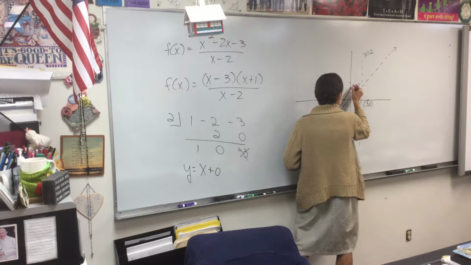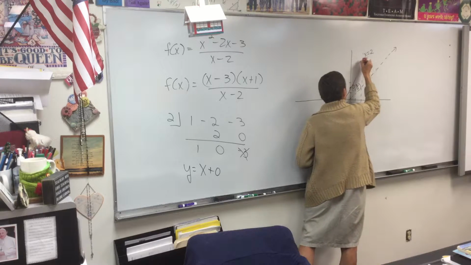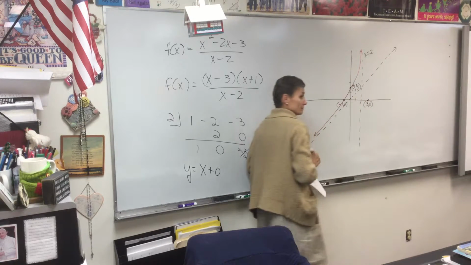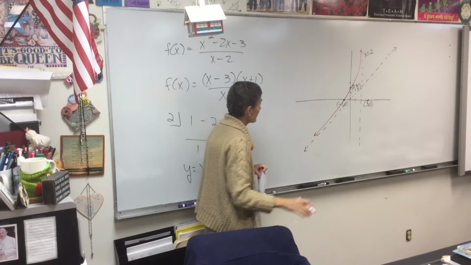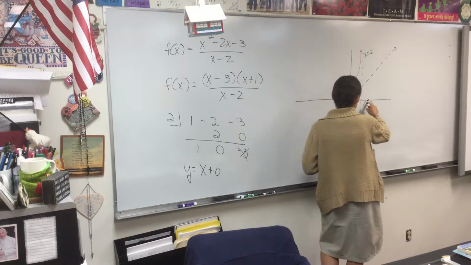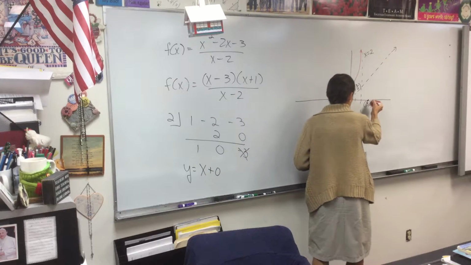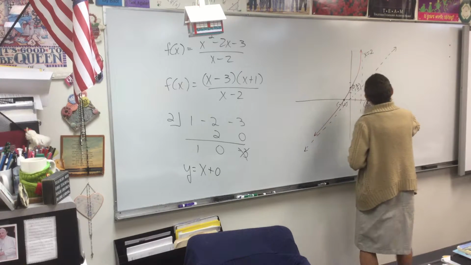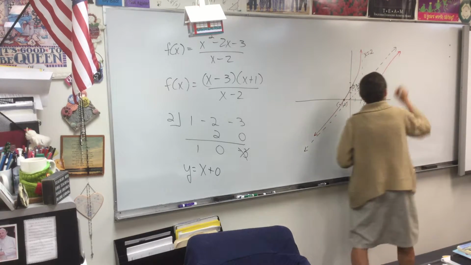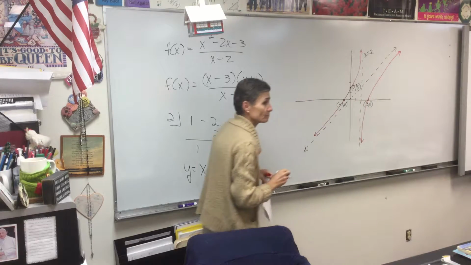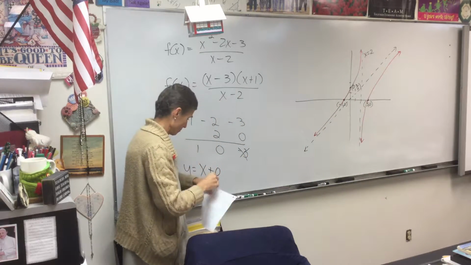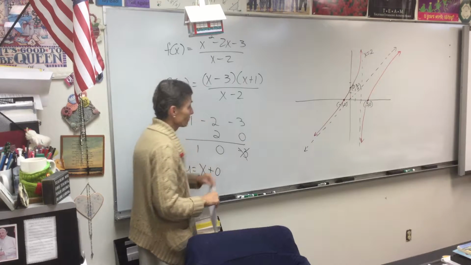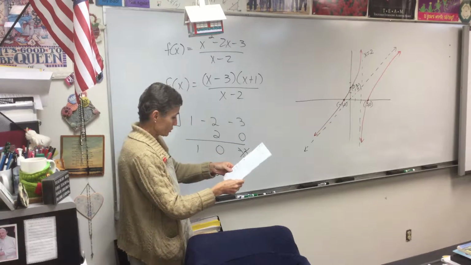And then what happens here? It follows the vertical one up. And then you've already got this point plotted over here. So that means we're coming down like that and following that asymptote off the page. All right, let's answer some more questions then.